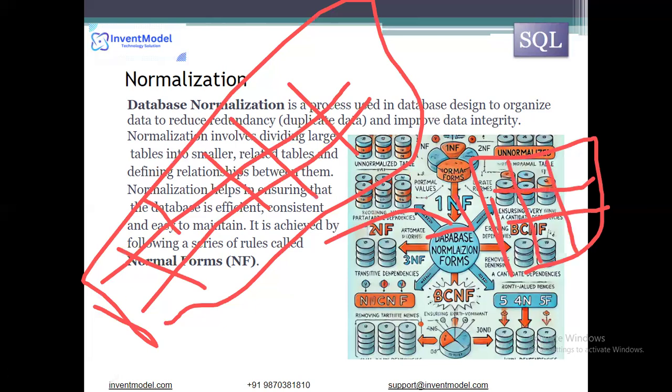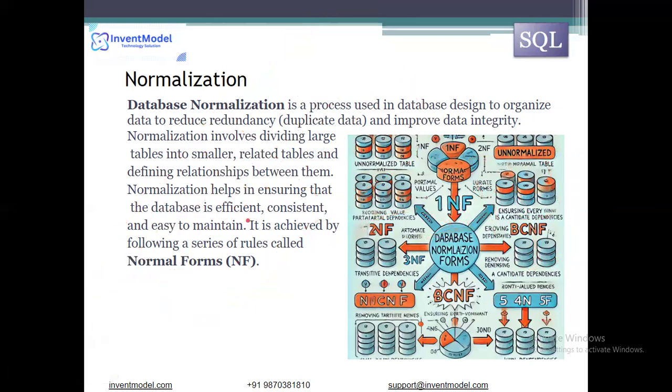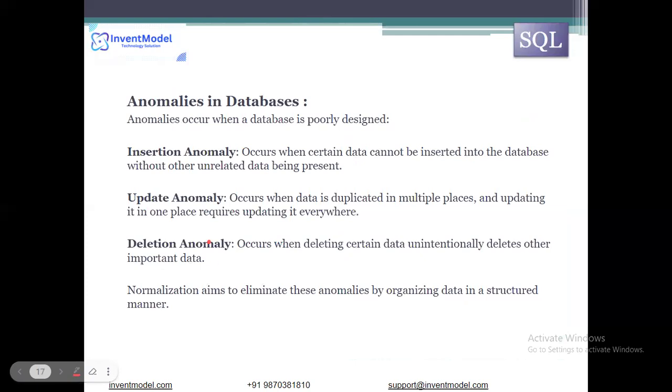There is a lot of duplicate data between the tables. So normalization involves dividing large tables into smaller related tables and defining relationships between them. Normalization is achieved by a series of tools called normal forms. We will further read about normal forms.